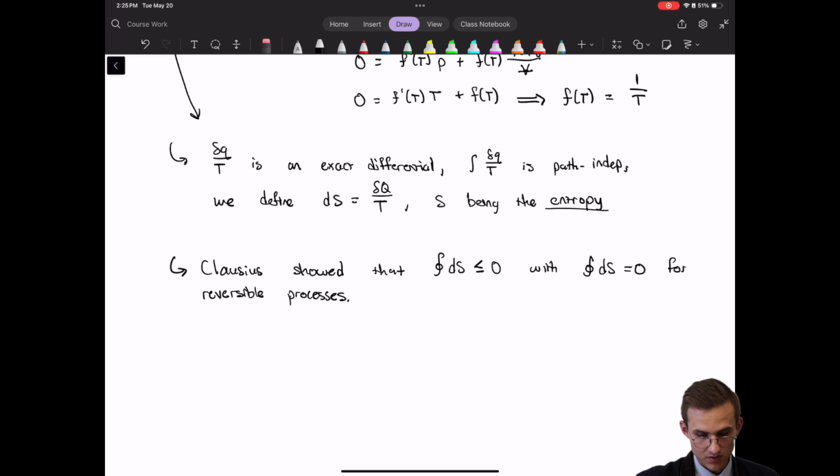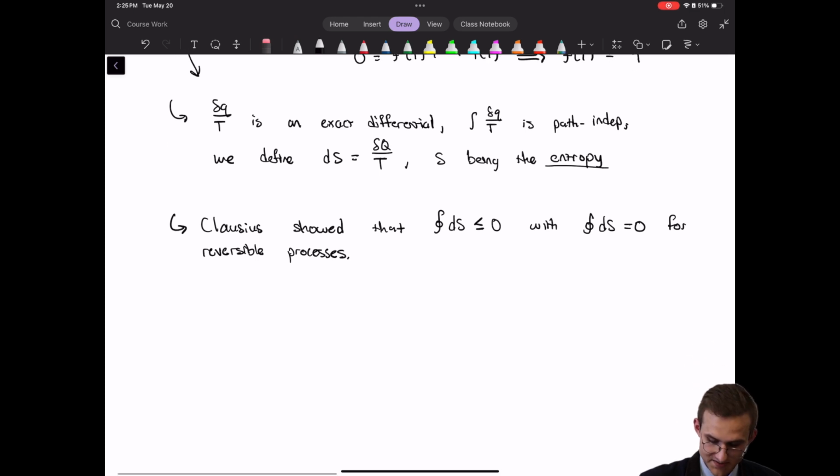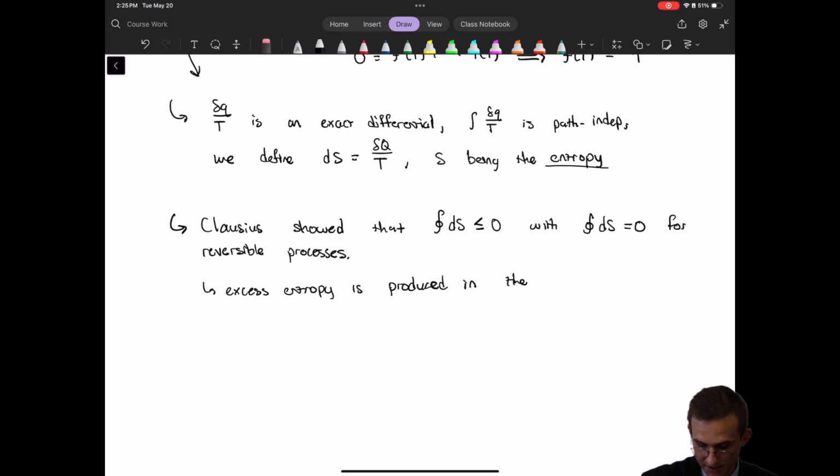Okay, so this may seem a little strange because you're saying that the entropy is actually less than 0, but what's happening here is that excess entropy is produced in the surroundings for an irreversible process.